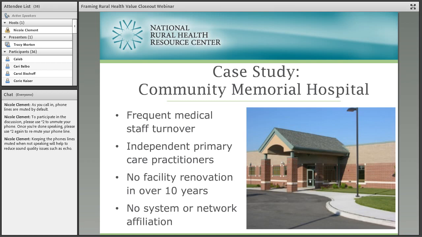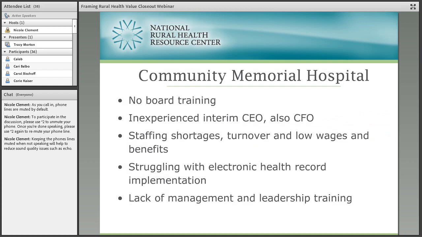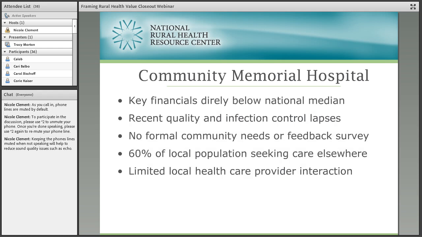And there wasn't really a system or network affiliation with that hospital. There was a network within the state, but they weren't participating in it. The board didn't have a lot of training, and they had an inexperienced interim CEO who was relatively young, and also the CFO. There were staffing shortages, turnover, and low wages and benefits as well. They were struggling with their electronic health record implementation, and they had a lack of management and leadership training as well.